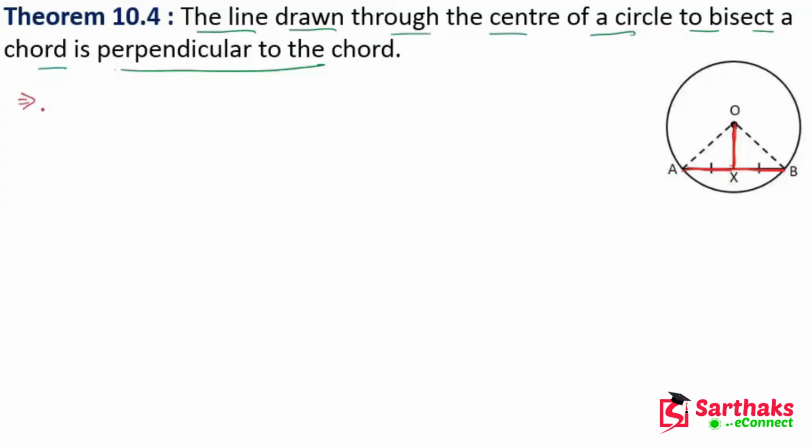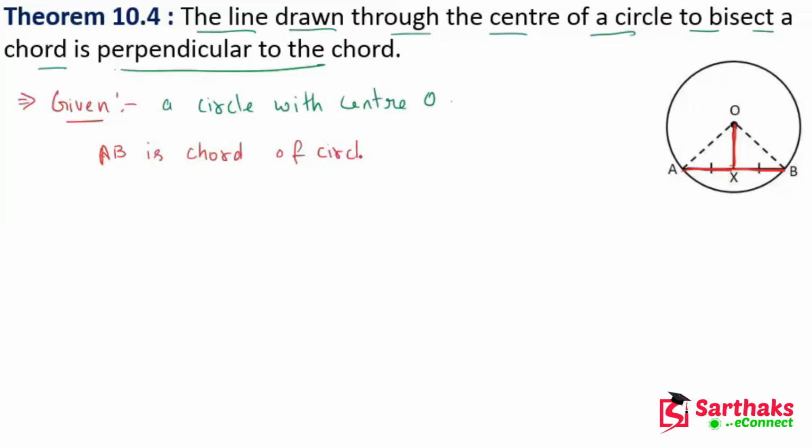First of all, we have to write the given part. So here we have a circle with center O, and we have AB, which is a chord of the circle.